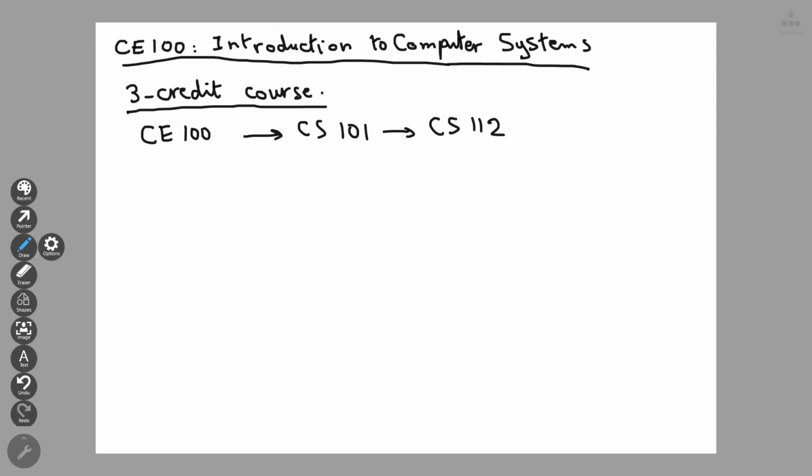Okay, so 101 and 112 use C++. But CE100 in the past was Python. So students become confused, Python or C++. So this year, we agreed to make everything C++.